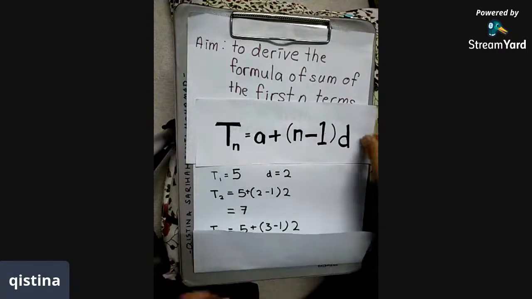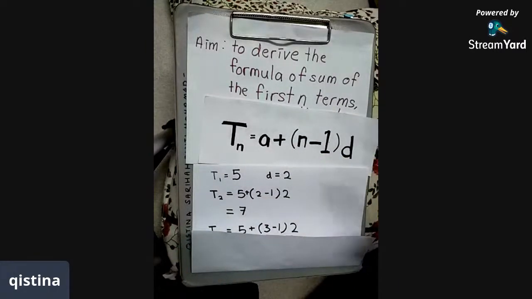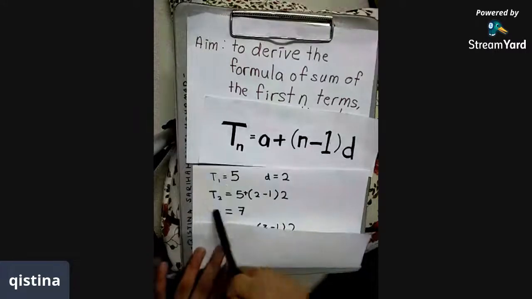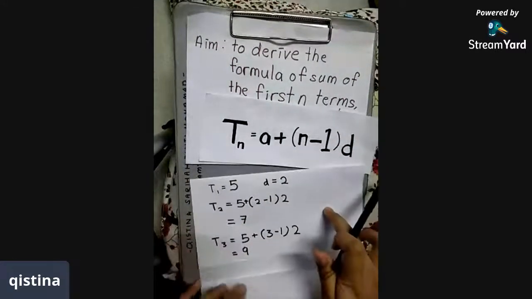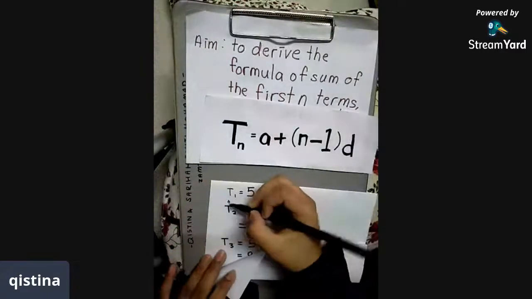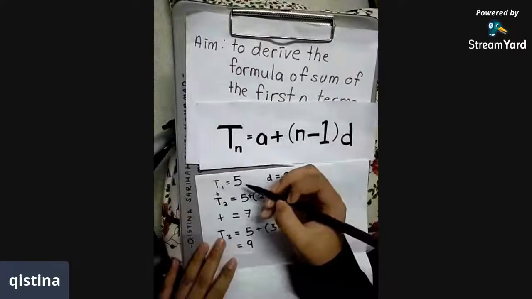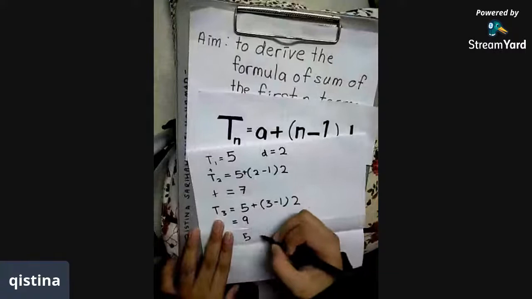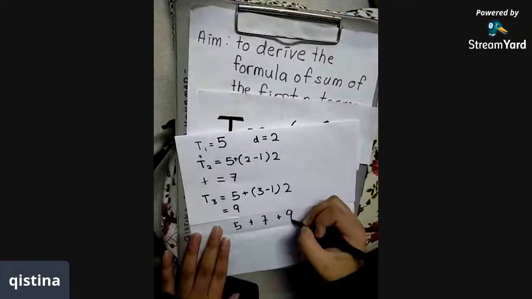For today's topic, we are going to learn sum of the first n terms. What is sum of the first n terms? As Tn is to calculate the value of these exact terms, sum of the first n terms is used to calculate the total of T1 plus T2 plus T3, which means here 5 plus 7 plus 9.